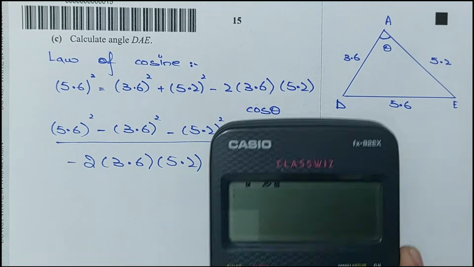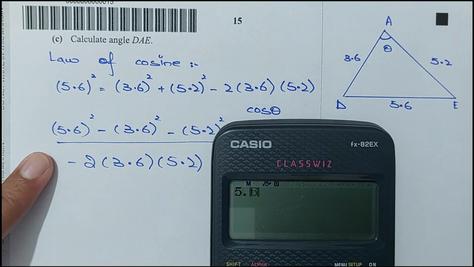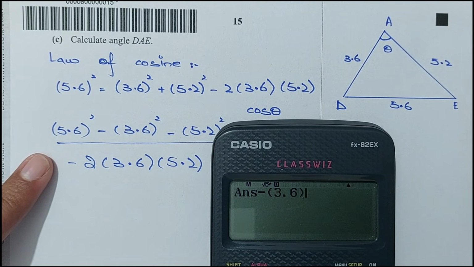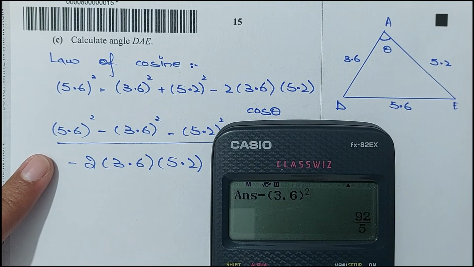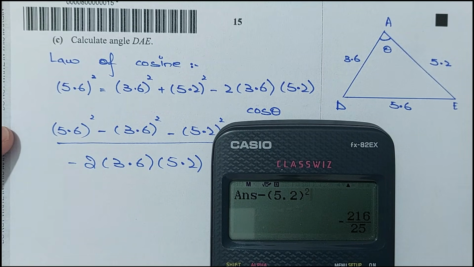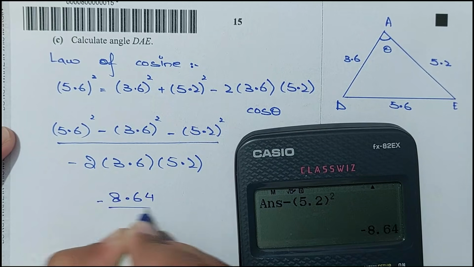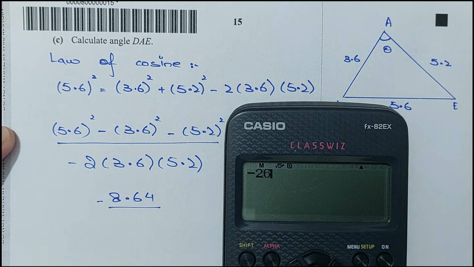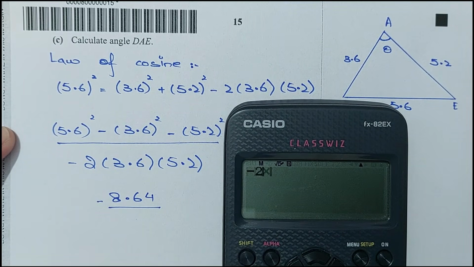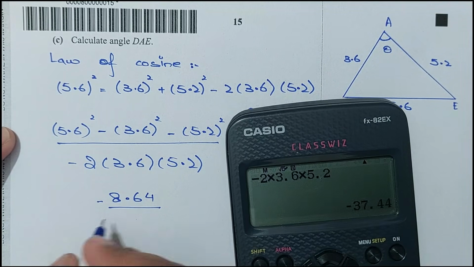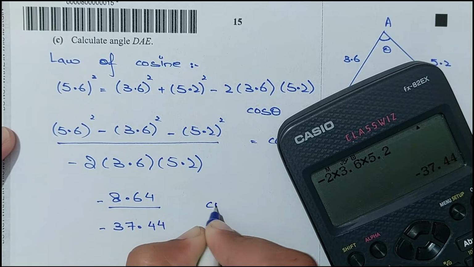All right. 5.6 squared minus 3.6 squared, and minus 5.2 squared, this is minus 8.64. Minus 2 times 3.6 times 5.2 is minus 37.44. This is cos theta.